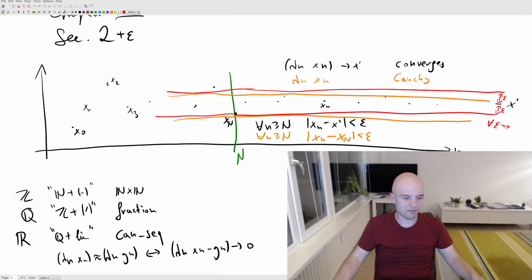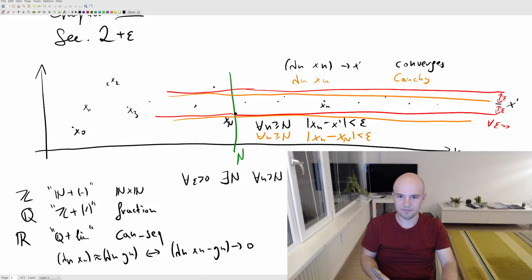So, for example, it does not matter in any way whatsoever if you have here less than epsilon or less or equal than epsilon. And there are lots of other variations. So instead of for all epsilon greater 0, there exists an N, such that this here, you could also say that for all epsilon greater 0, there exists an N, such that for all n greater than N, the difference between x_n and x_{n+1} is less or equal epsilon.